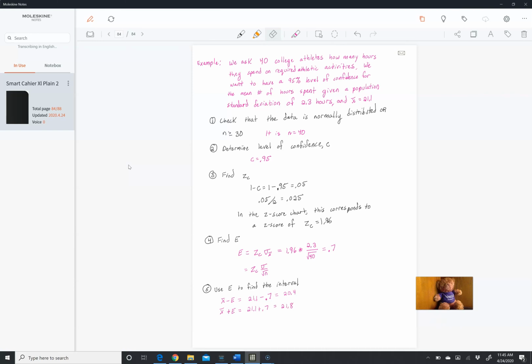So what does this tell us? This tells us that the population mean is somewhere between 20.4 and 21.8.